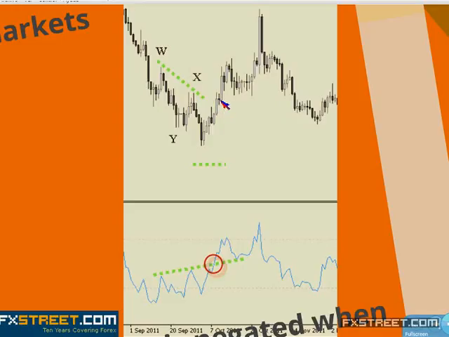Okay, so if you recall, we had also a session on point and figure charting, and there were several ways to establish targets based on very simple patterns on point and figure charts.